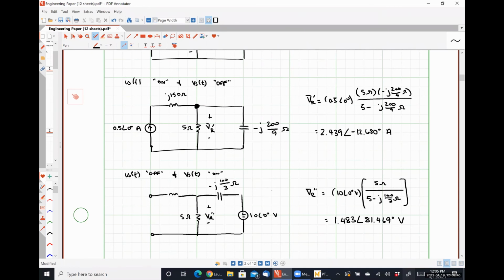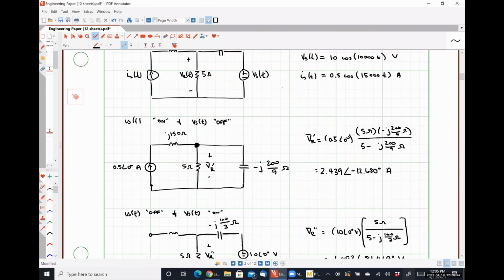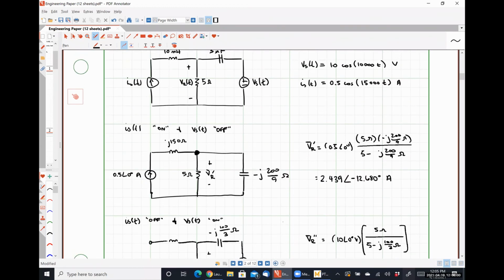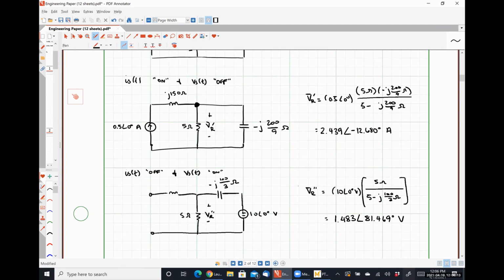So what is my time domain voltage VR of t? Yes and no. Let me explain what I mean by that. I've potentially tricked you, okay? Can I add this number, VR prime, to this number, VR double prime?